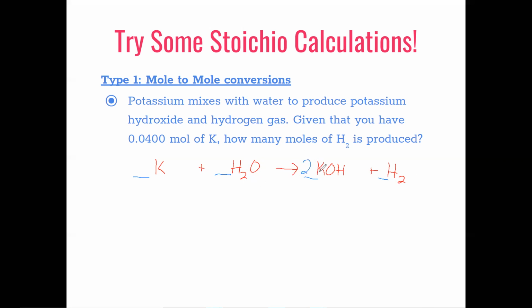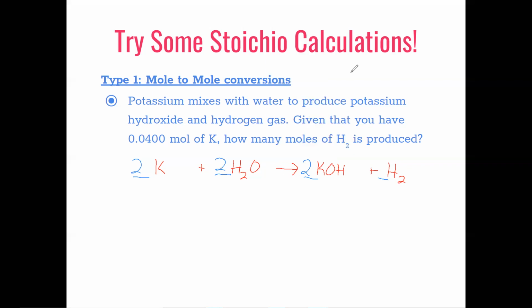So I'm going to throw a 2 in front of there and see what that does. That's going to change my potassium over here, necessitating a 2 right there. Now I have 2 hydrogens on the left and a total of 4 on the right. So I'm going to throw a 2 in front of here to make that 4 on the left. That gives me 2 oxygens on the left and 2 on the right. So I am all balanced now. Okay, cool. I have a balanced equation.